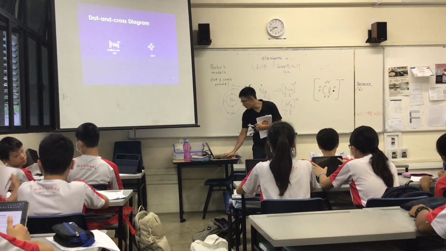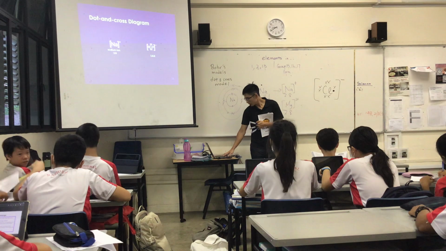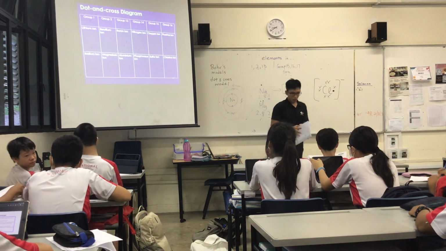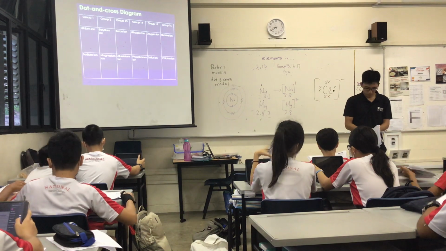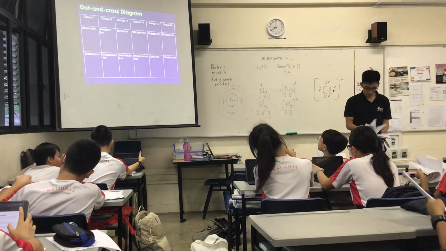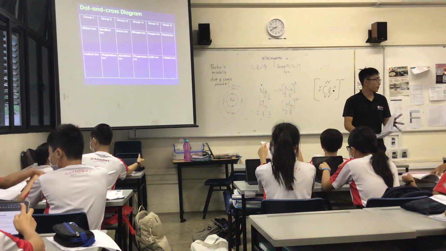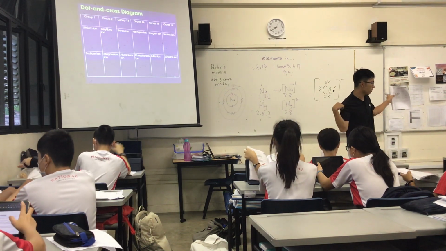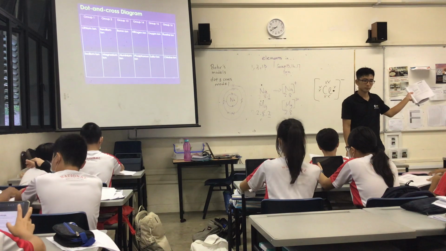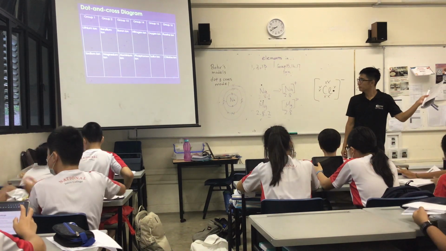So everyone, I would like you to try something right now. Let's practice. Everyone go to page 51 of the textbook. You should see one big blank space below. Okay?